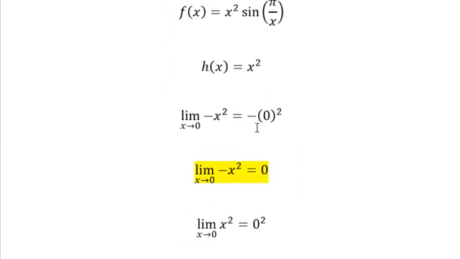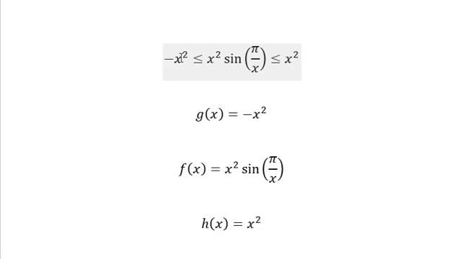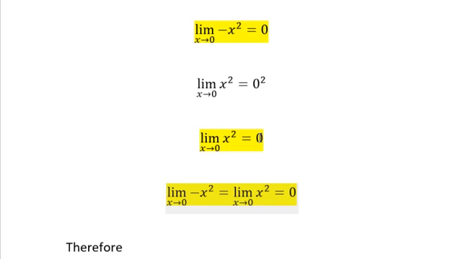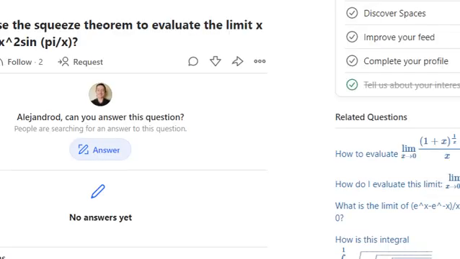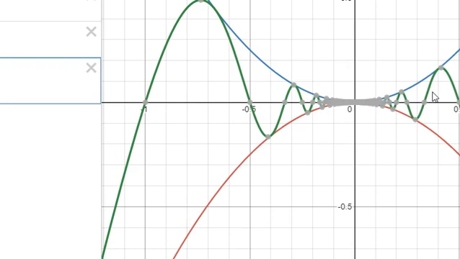Since the two limits as x approaches 0 of the upper and lower functions are the same, then according to the squeeze theorem, the middle function should be the same. So the limit of this function is equal to 0. And we can appreciate that in the graph of the functions.